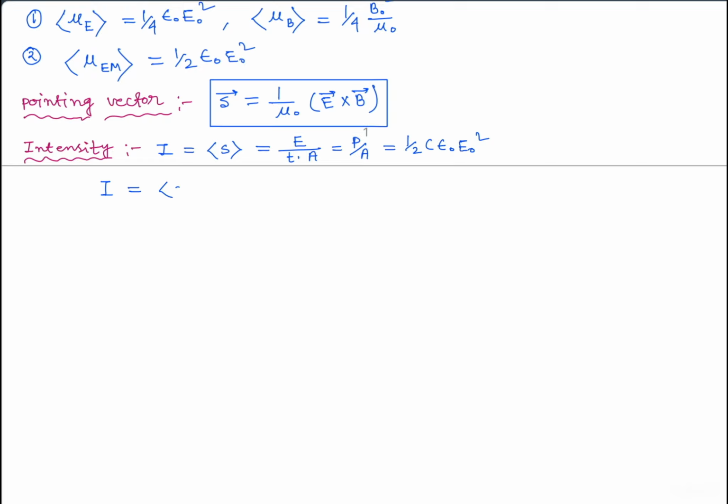I equal to average of Poynting vector equal to half c epsilon 0 E0 square.